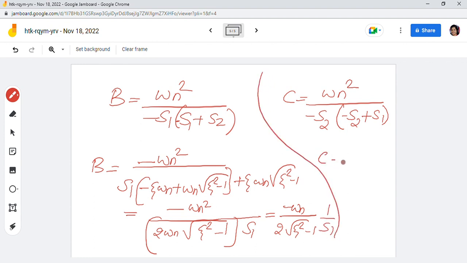Now C is equal to omega n square by 2 omega n into root of eta square minus 1 into s2. We get the similar answer.